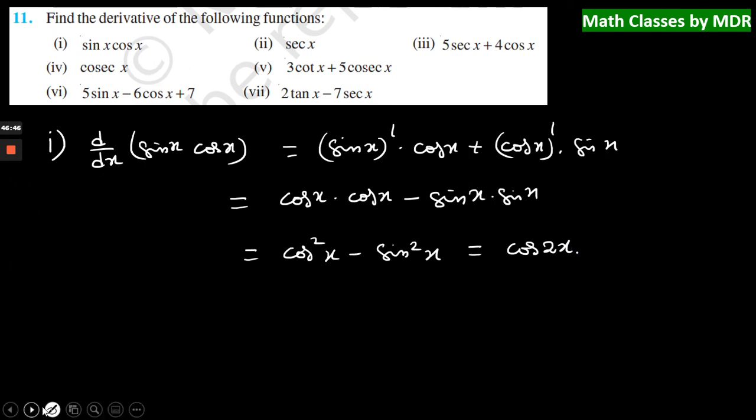Now let's see the second one. The second one is secant x. What is d by dx of secant x? We have written it in the starting slides: d by dx of secant x is secant x tan x.